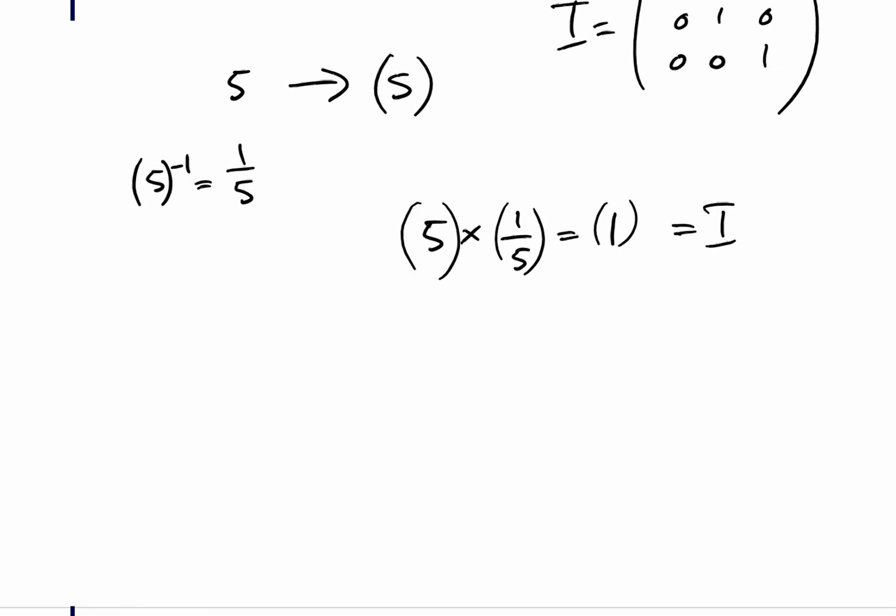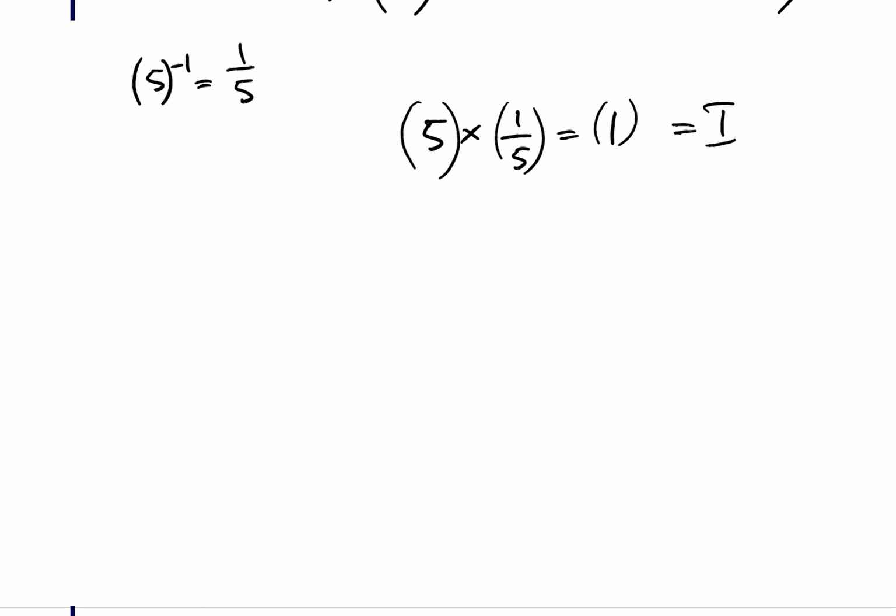Whilst we're here, it's useful to pull up another point. So if you have a matrix B and we multiply by the inverse of that matrix, then that's always going to be I. So B inverse B is always going to be the identity matrix.